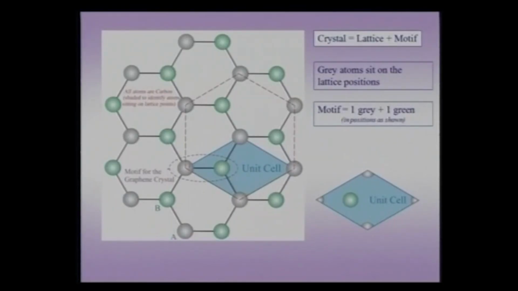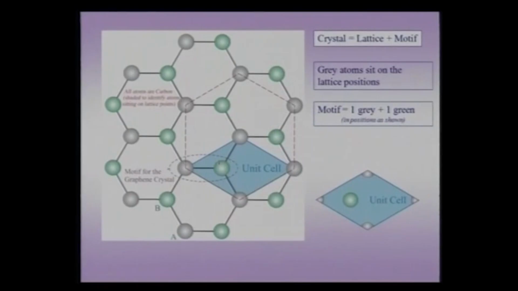My motif now consists of 2 atoms of carbon, the grey atom and the green atom. Of course, chemically these 2 carbon atoms are exactly identical, but in terms of our understanding it is now a 2 carbon atom motif, one sitting at the origin of this cell, the other in a position displaced with respect to it.